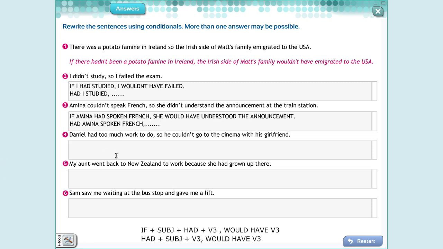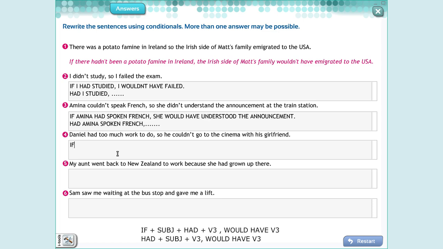Daniel had too much work to do, so he couldn't go to the cinema with his girlfriend. Se ele não tivesse tanto trabalho, ele teria ido ao cinema com a namorada. How can I say?